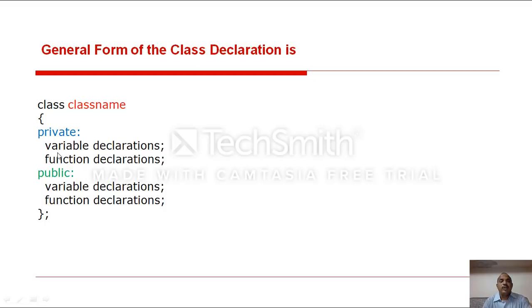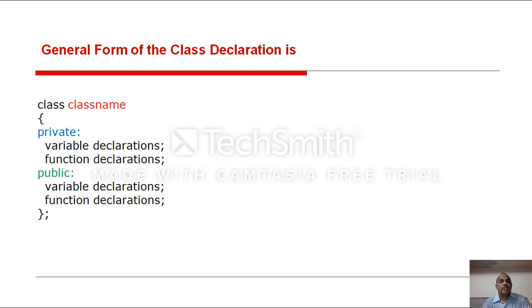Clear all of you? Simply, a class is nothing but a collection of members and member functions. Variables are also called members, and functions are also called member functions. So members and member functions.